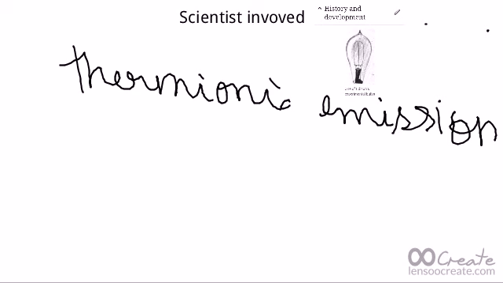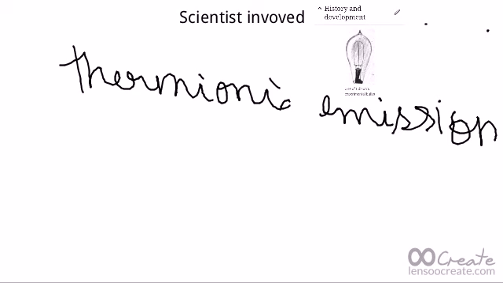It has two electrodes, one cathode and one anode. So this type of tube is called a thermionic tube or thermionic valve.